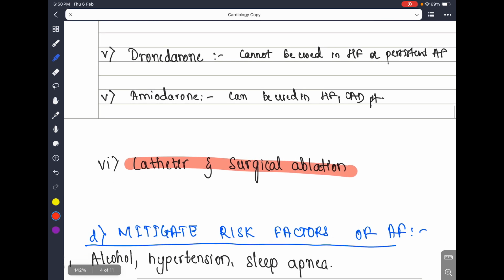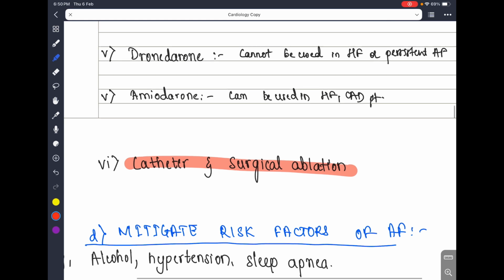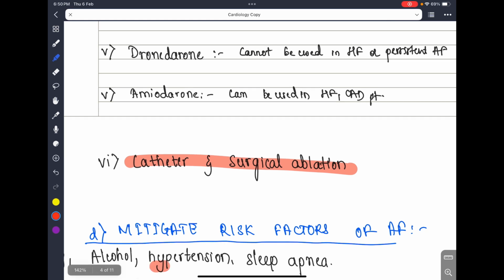And the third part was to reduce the risk factors for atrial fibrillation. What were the risk factors we discussed in the first video? Age, presence of hypertension, diabetes, obesity, sleep apnea, right? So control hypertension, control diabetes of the patient, whichever is a modifiable risk factor, try to control those risk factors. So this is about it.